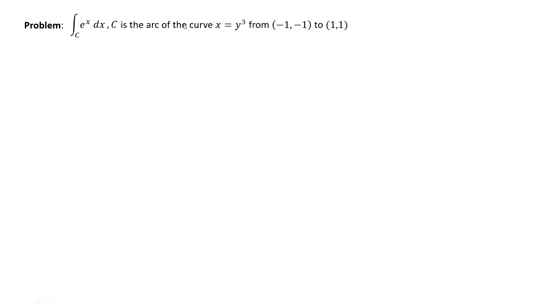Cool. When you have something like x equals y cube, we say y equals t. So x would become t cube. You see that? So that's what we are going to do. We'll say y is t and x is equal to t cube. Okay, what else?